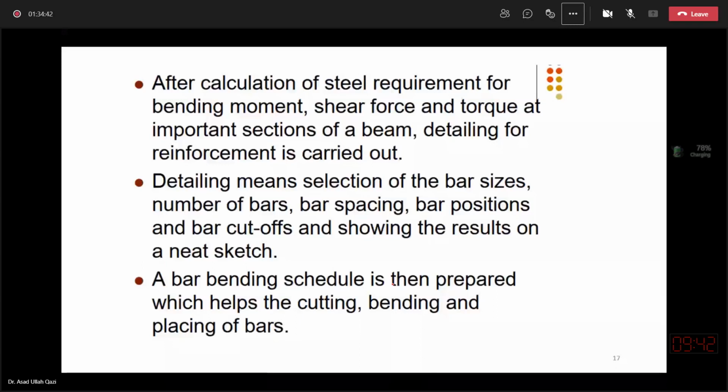I have shared with you the PDF file of this lecture and the recordings as well. So please go through them so that next time we can finish the bar bending schedule as well. And then as homework, please solve all the solved and unsolved problems in chapter number 3 given in the SI edition.